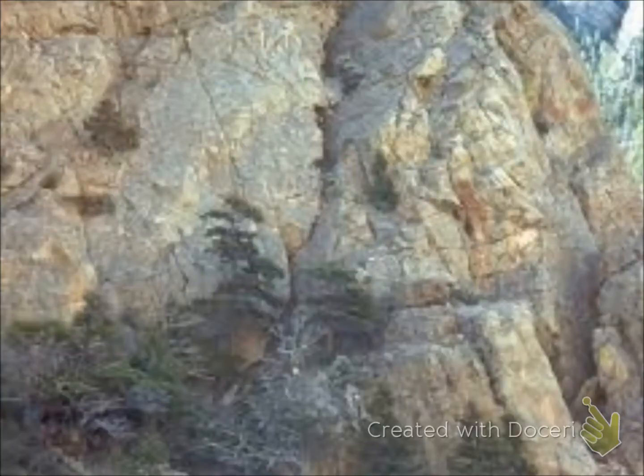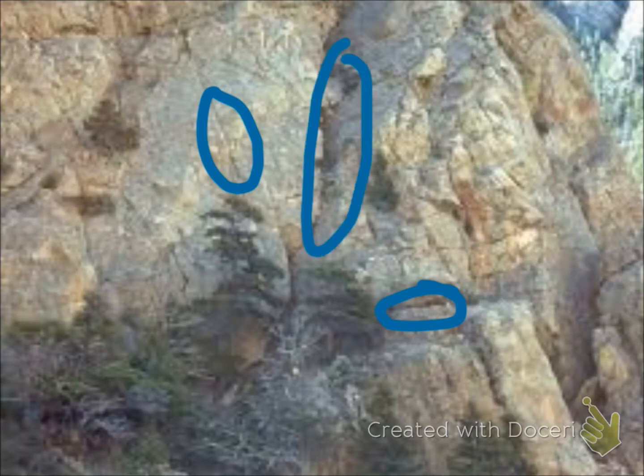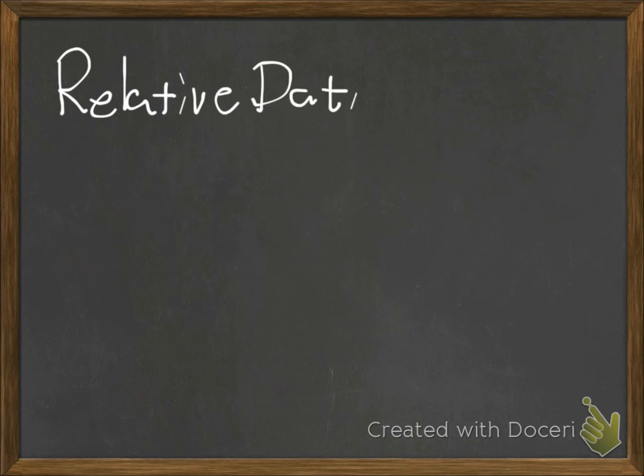Another important skill that geologists need to have is to be able to look at the side of a mountain and determine the age of the rocks relative to other parts of the rocks. And so a geologist would want to be able to figure out how does the age of this crack compare to the age of this crack, or this layer of the rocks as they occur. And so we're going to talk about next the process of what we'll call relative dating.